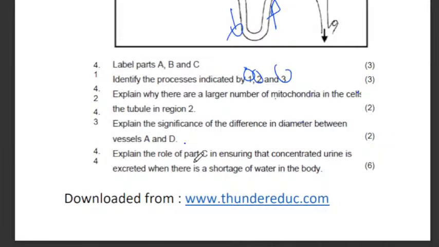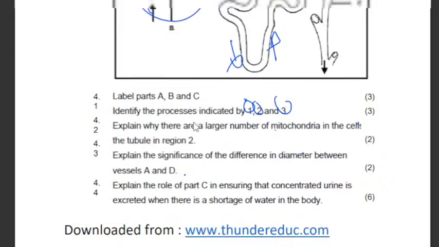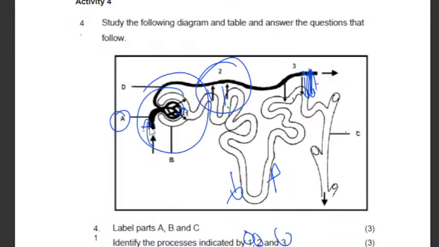So what is the significance? We explain that this increases the pressure which builds here, because this is big and the other one is small, so it increases the pressure being built. Big and small. So the pressure here helps in the ultrafiltration.